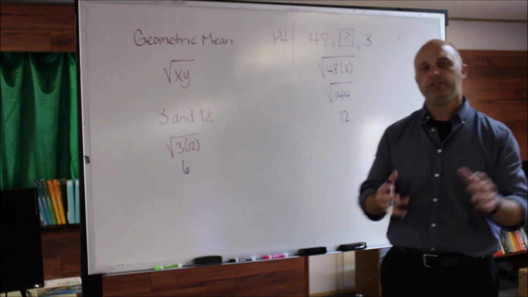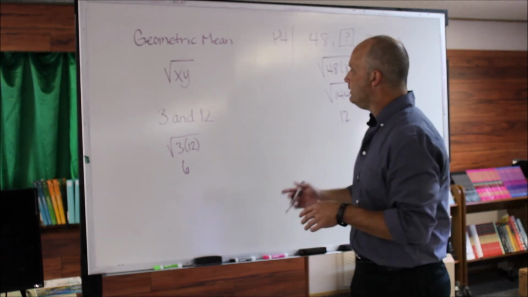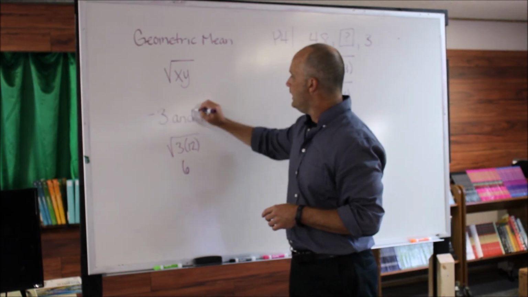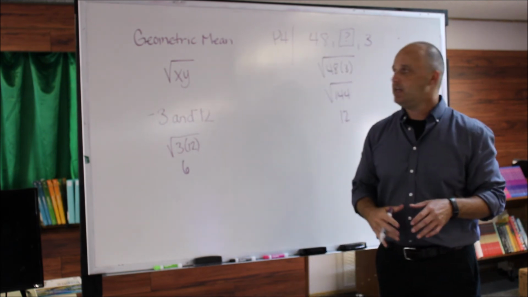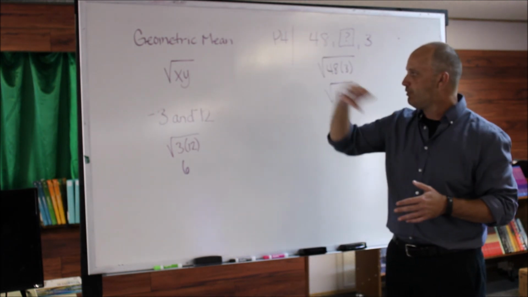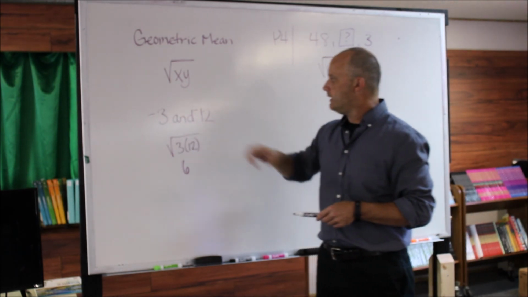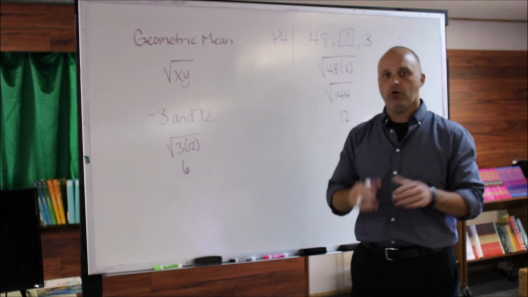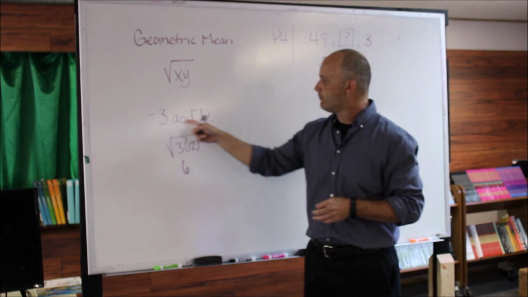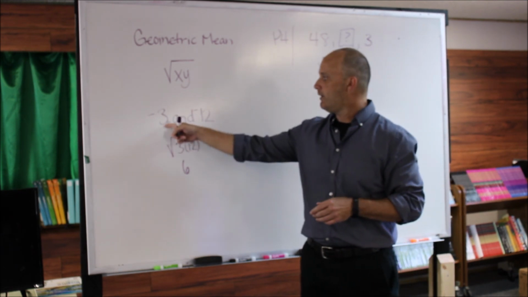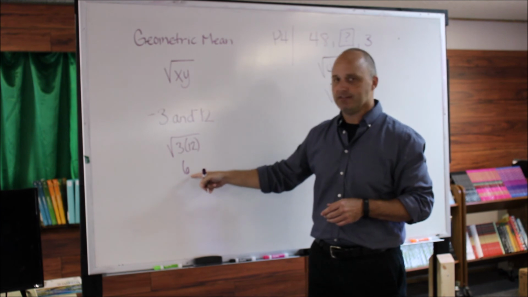Now remember that the reason why it's going to be positive is, let's say that we had negative 3 and negative 12 instead of, say, 3 and 12 there. If we had negative 3 and negative 12, then the only way that we can get from this negative 3 to a negative 12 is to multiply the negative 3 by a positive number.